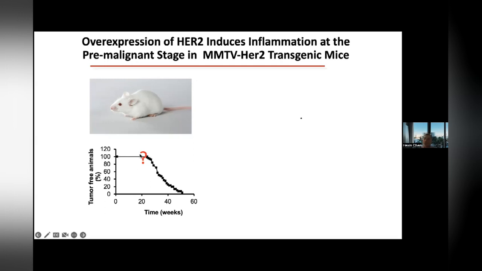So the conclusion here is that HER2 overexpression by itself is not sufficient to transform normal cells into cancer cells. Something still needs to help this transformation. So in vivo, the thought is that the environment contributes to this tumor development. So the question is, what is the environmental factor that makes these cells become tumor cells in vivo?